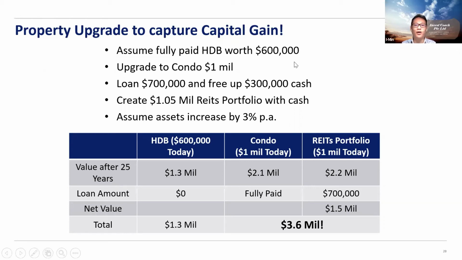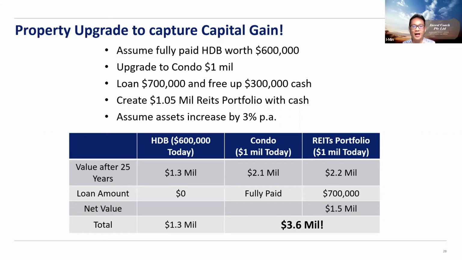Oh, no, Elaine, you got it wrong. So this 600,000 is assuming my HDB. Let's say now I stay in an HDB. I go and sell my HDB, I get 600,000. Now I have $600,000 cash. I want to buy a $1 million condo. If I buy a $1 million condo today, I can borrow up to 75%, which means I can just borrow 700,000.